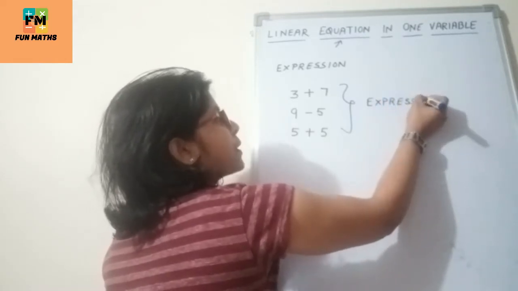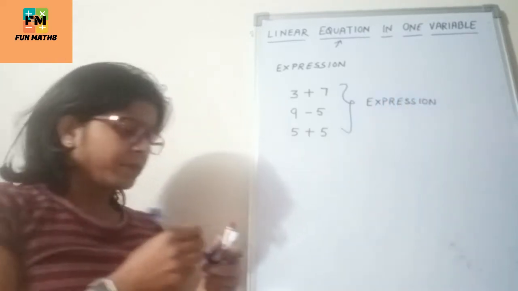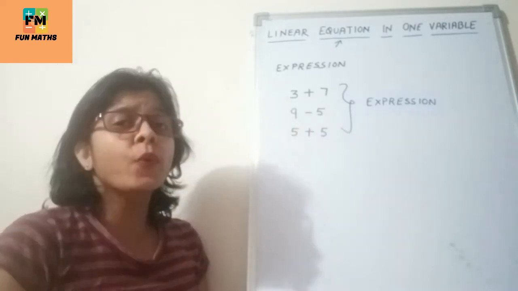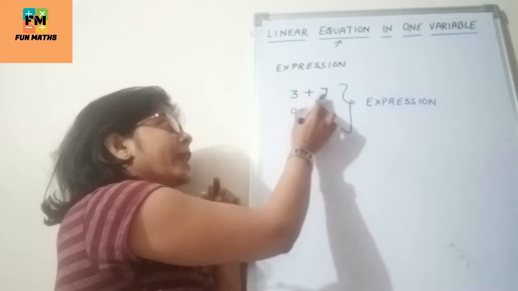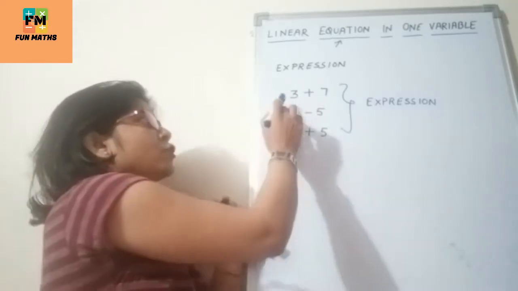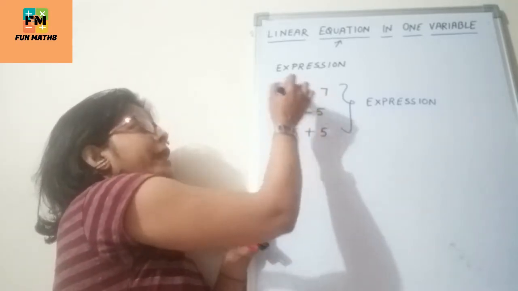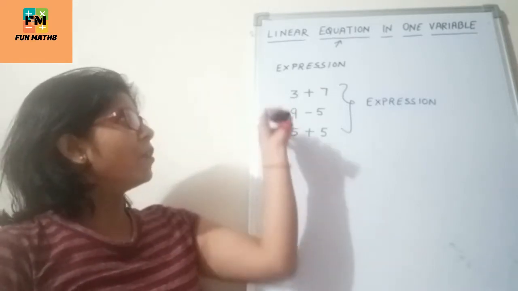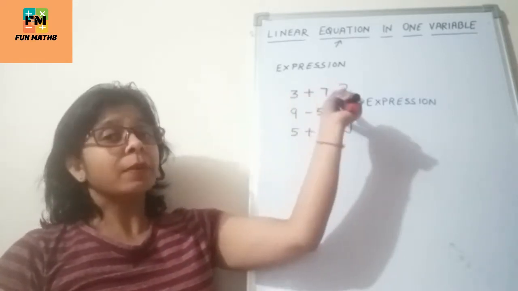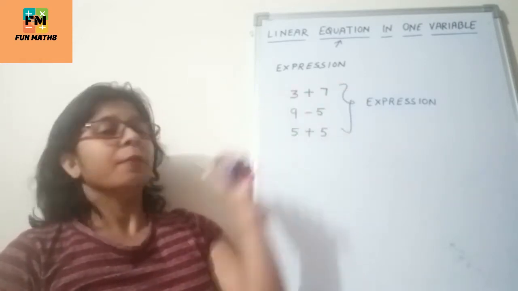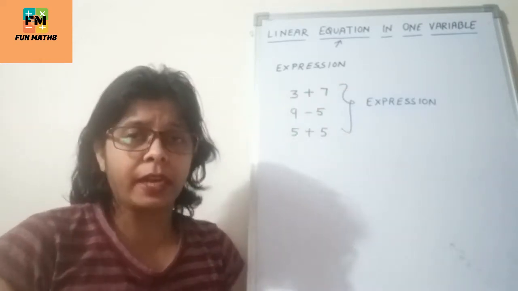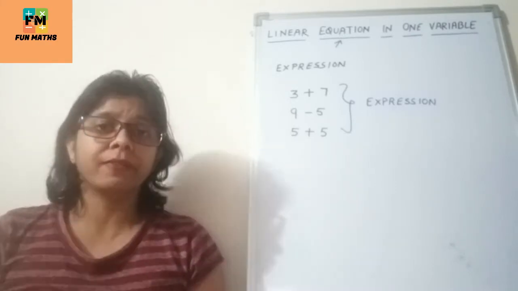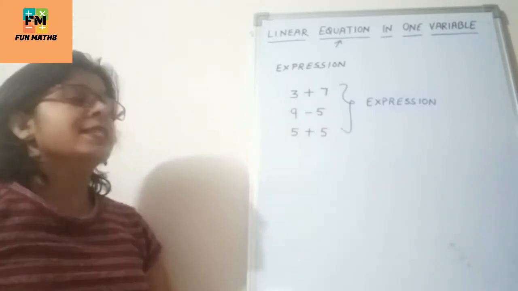What is an expression? An expression is when we write a statement which involves a minimum of two numbers and a mathematical operator. It's very simple, no? It can be addition, subtraction, multiplication or division. So this is an expression.